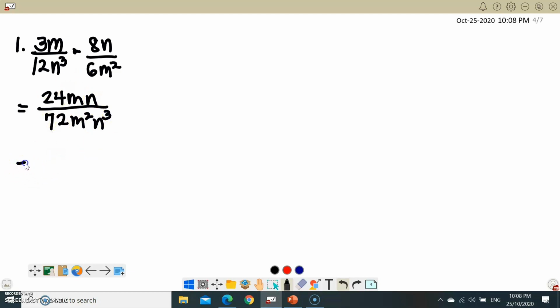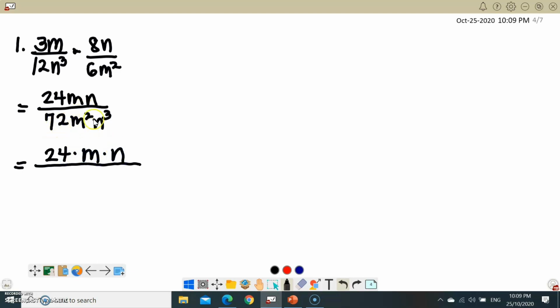To simplify, you need to factor the numerator, factor the denominator, and cancel out common factors from the numerator and the denominator whose quotient is equal to 1. So factors of 24mn: I have here 24 multiplied by m times n.